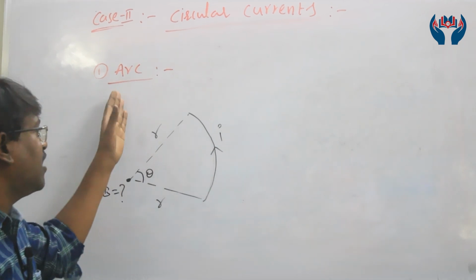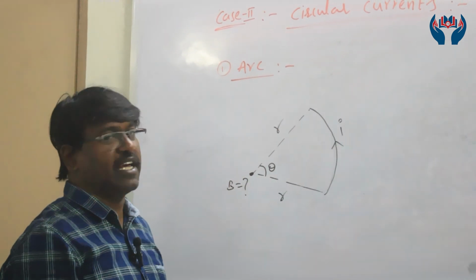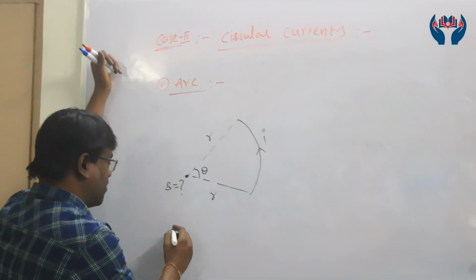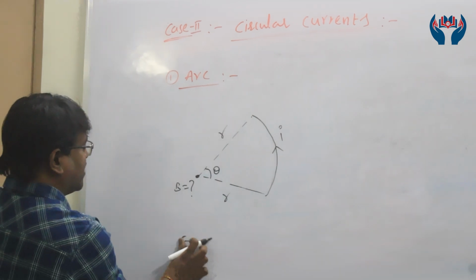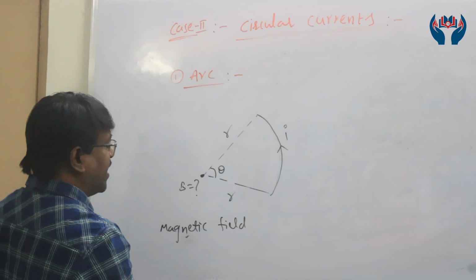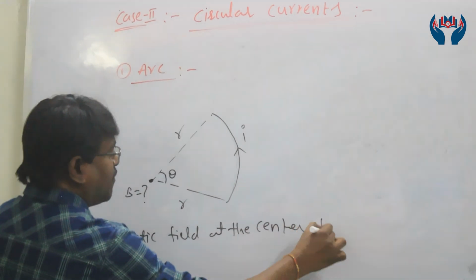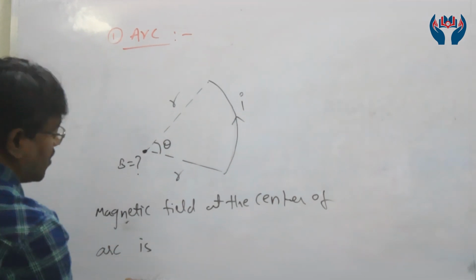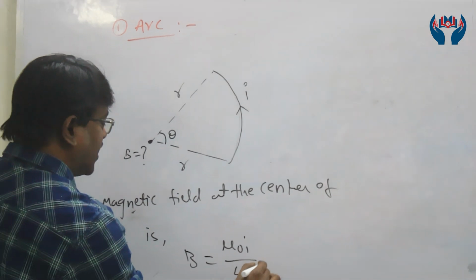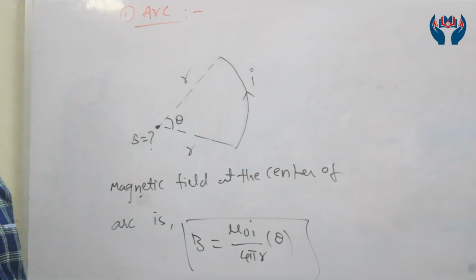We have one direct formula. The magnetic field at the center of the arc is B equals mu naught I by 4 pi R into theta. Theta is the angle made by the arc.